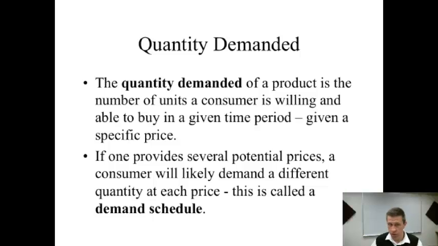You'd have different quantity demanded at those prices, perhaps. If you wrote out a little chart that shows what would be your quantity demanded of pizza at $3, at $2, at $1, and if that pizza is free, that little chart would be called the demand schedule.